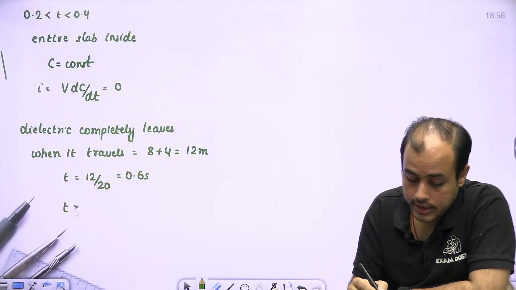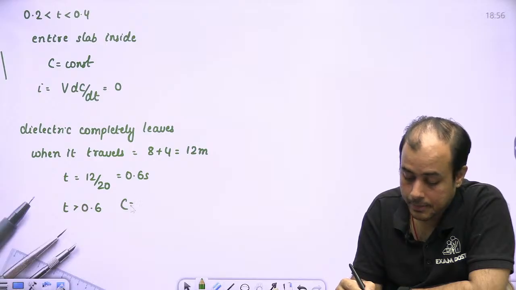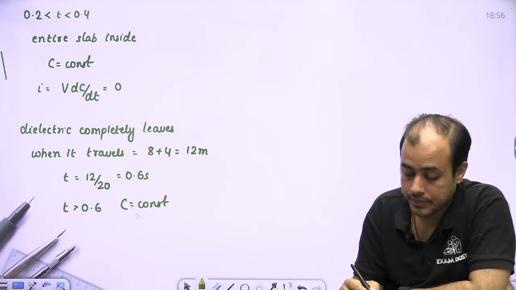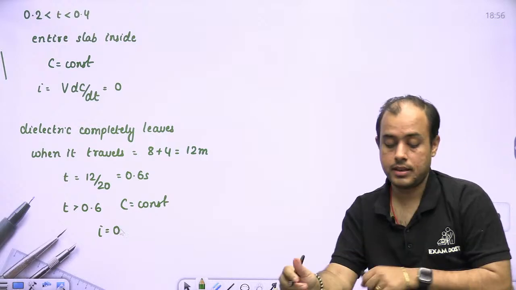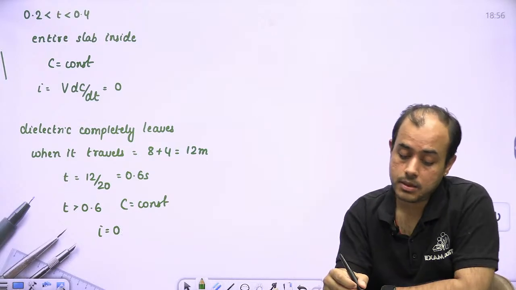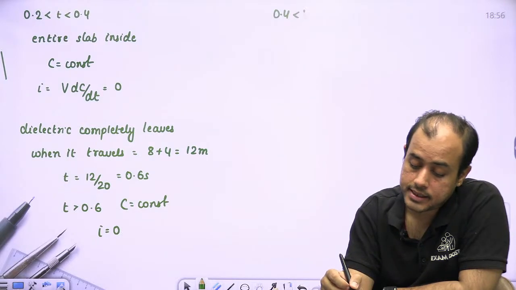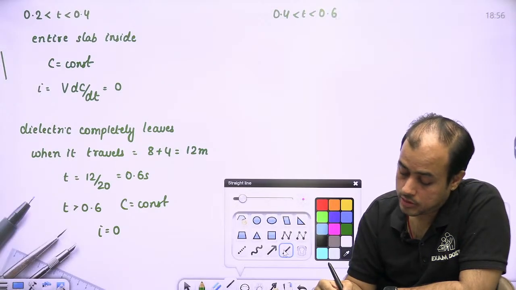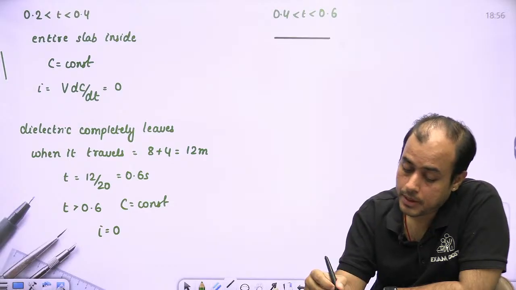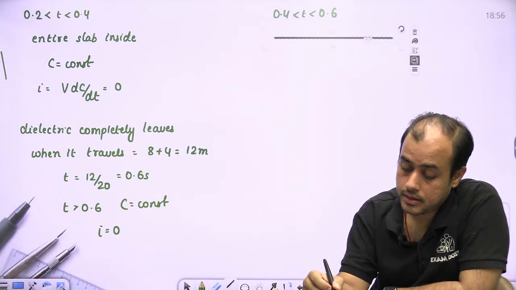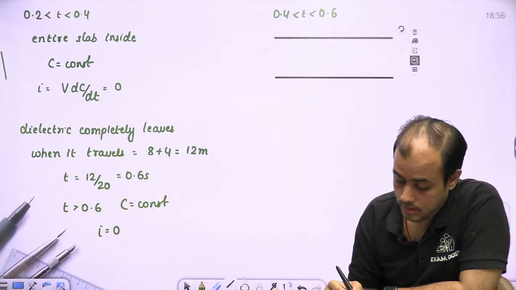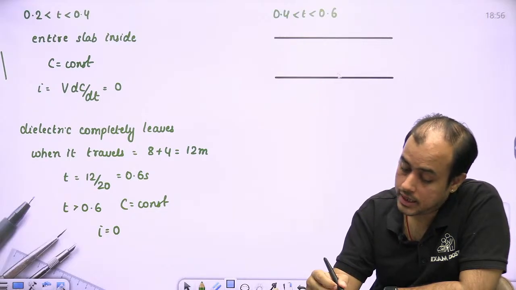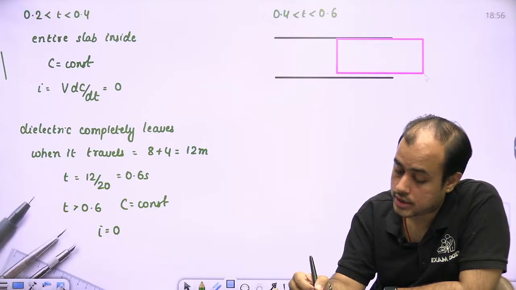So for t greater than 0.6, again capacitance is constant, current will be 0. But between 0.4 and 0.6, some part of the dielectric will be outside, some part will be inside. कुछ पार्ट डाइलेक्ट्रिक का बाहर होगा, कुछ अंदर होगा.